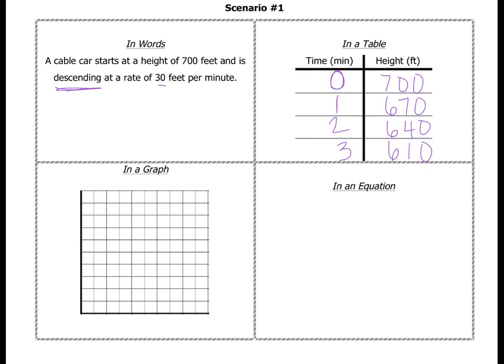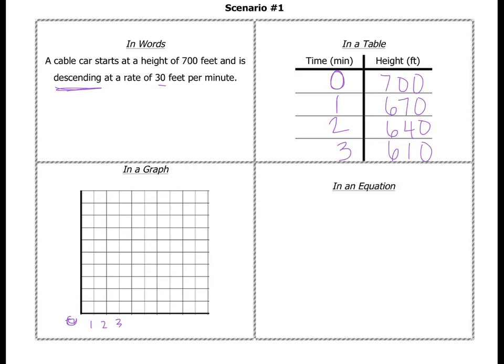So in a graph with really big numbers like this, it's kind of hard to do. But we have 1, 2, 3. Those are the numbers that we're working with, because remember 0, 0 is always the starting point. And 700. So I'm going to make a break here to show that it is not starting at 0, 0 on this graph.